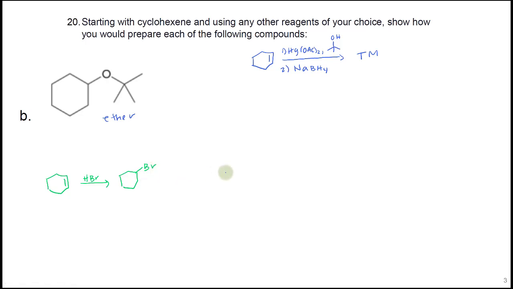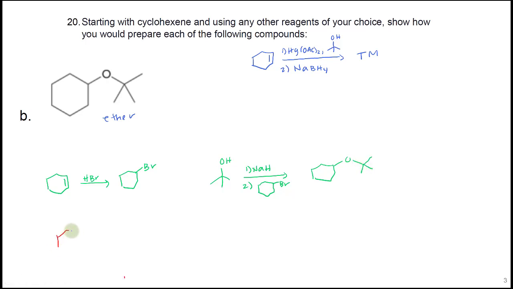So once I have that alcohol, I can take tertiary butanol and use sodium hydride and add this Br to it. And that OH can attack that Br to get the tert-butyl ether here.